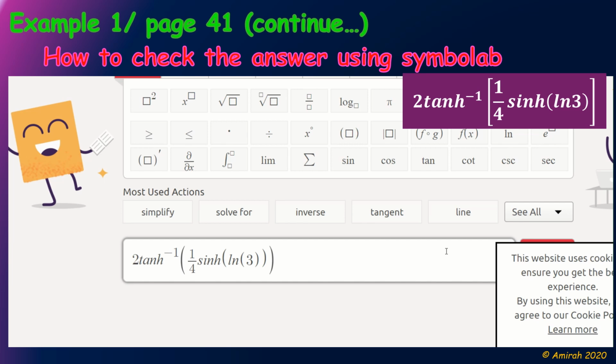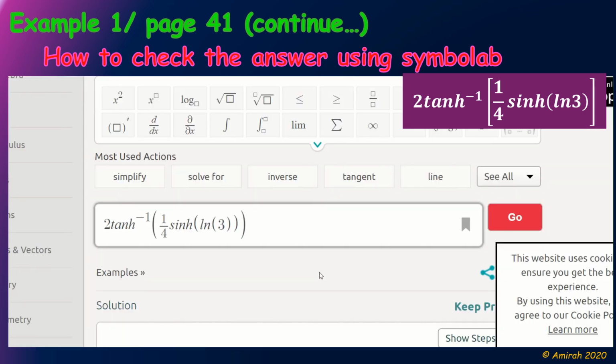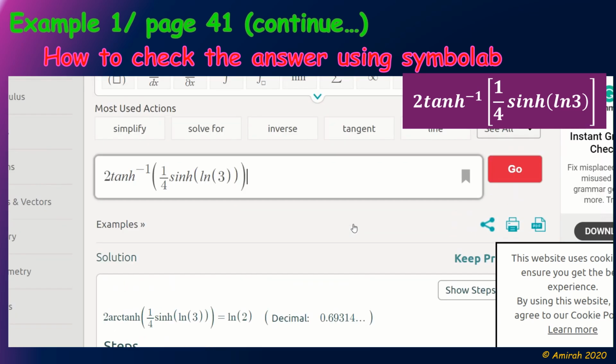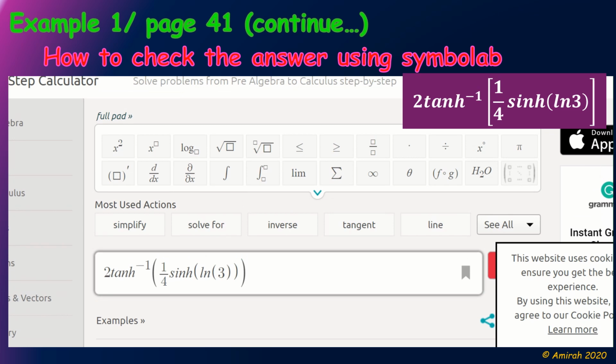And then we just press enter. After that, we get the final answer ln 2. Arctanh means inverse tanh. And the decimal is 0.69 something. So this is the given question. Got it?